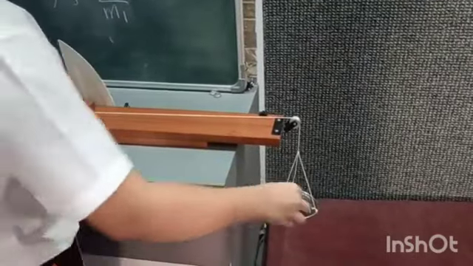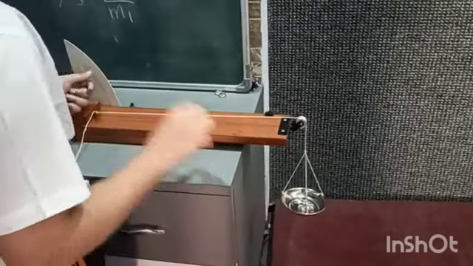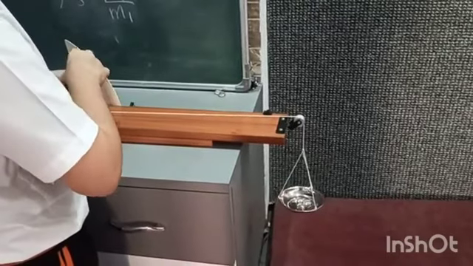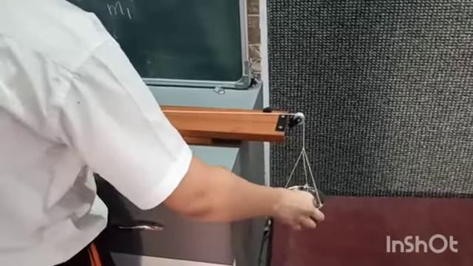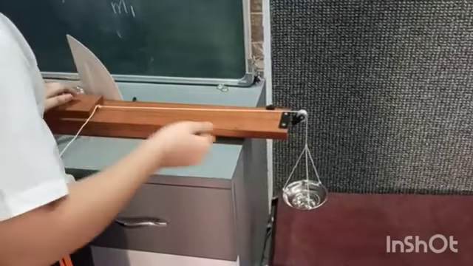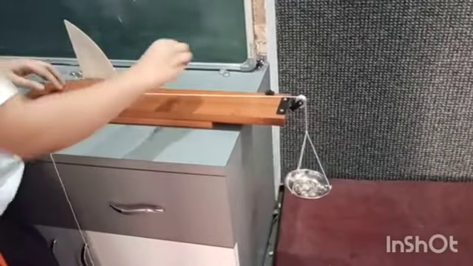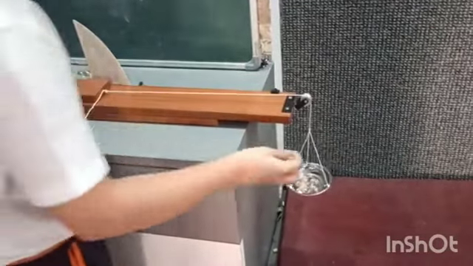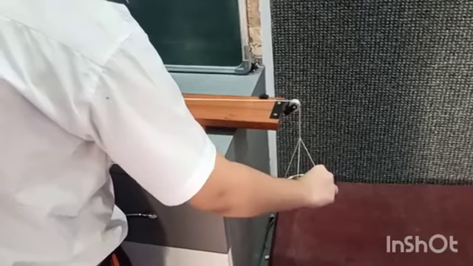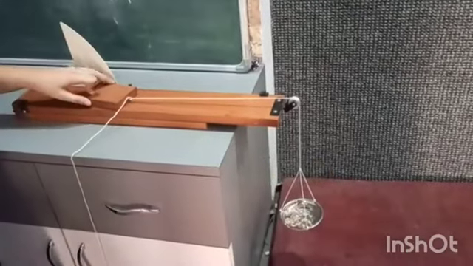As you can see, the body has still not started moving. It has still not started moving. So right now we'll add the final two. Yes, it has just started moving.